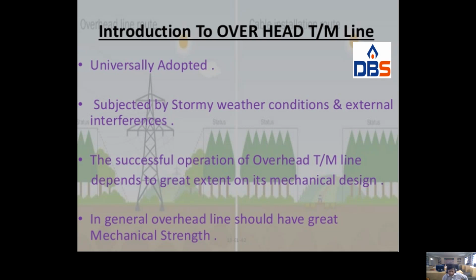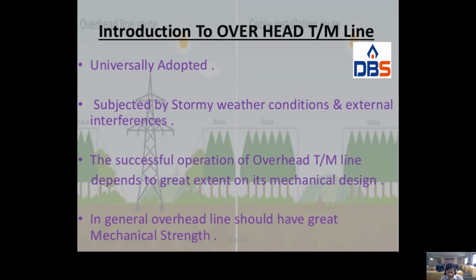First, the overhead transmission line is universally adopted, compared to the underground. So overhead transmission line is more beneficial, and that's why we go for it in the general practical way. It may be subjected to storm weather conditions and external interference also.